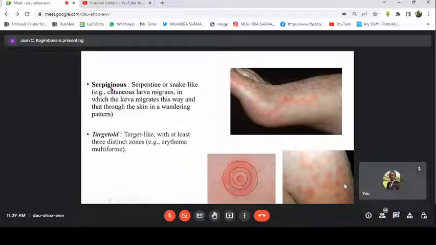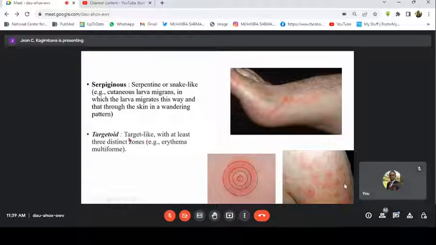Serpiginous, like a snake, like this. Larva migrans. This again creates a tunnel, but you may follow the tunnel like a snake path. You see, it has penetrated from here, and where the lesion is erythematous, very red, is where the parasite resides.